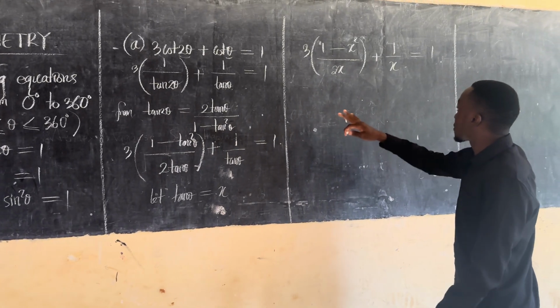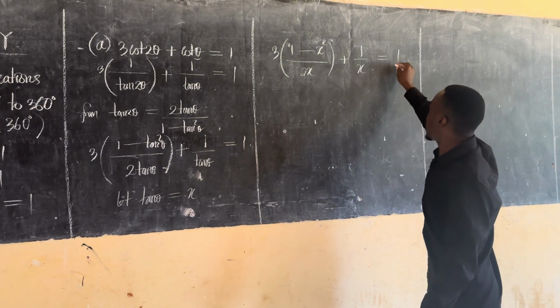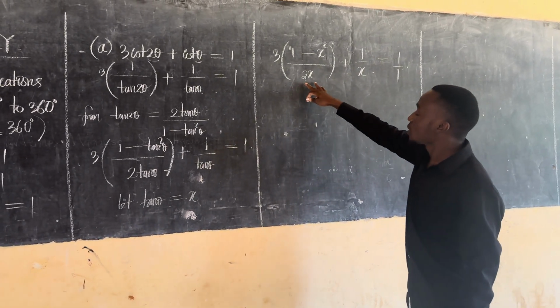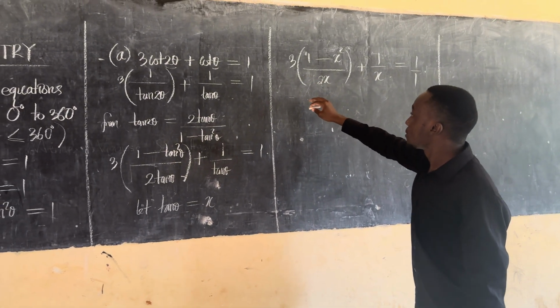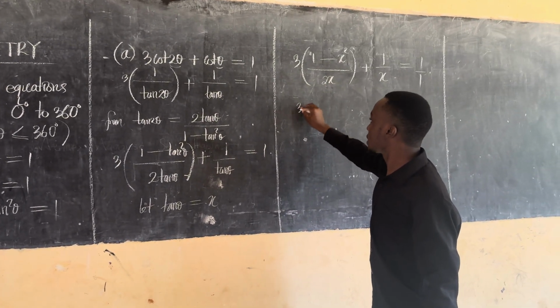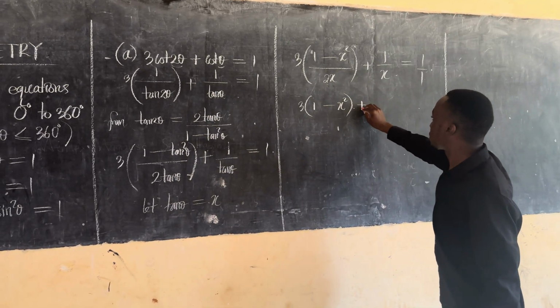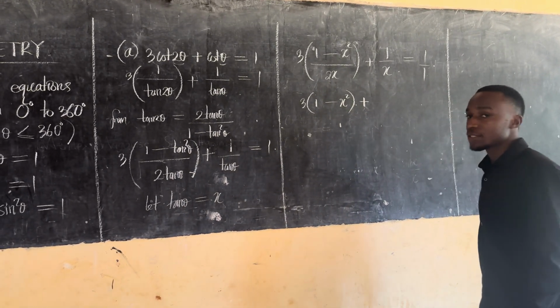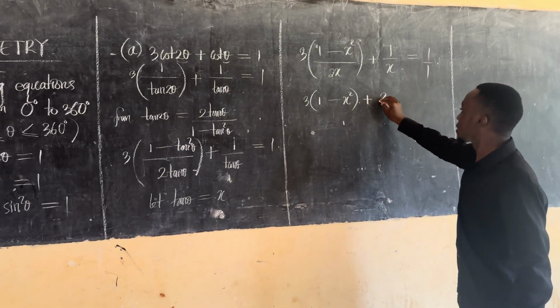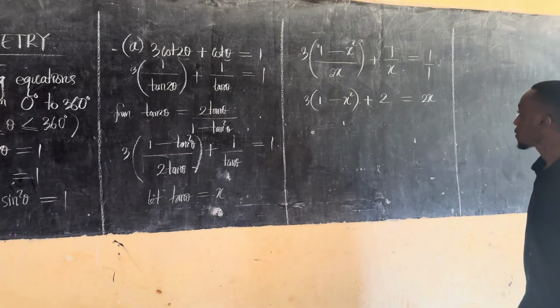So we can multiply all through by 2x, as it is the LCM of these denominators. Multiplying here, the 2x cancels, so it remains 3 times 1 minus x squared, plus, when we multiply by 2x, we remain with 2 equal to 2x.